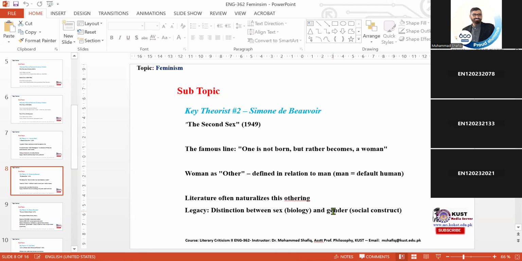So in literature, this appears in countless ways. Female characters exist to further the male hero's journey. Normally, when we watch movies and read novels, we see that women are there for the support of men. They are not the lead. They provide comfort, romance and so on. What the female does is further the male hero's journey.